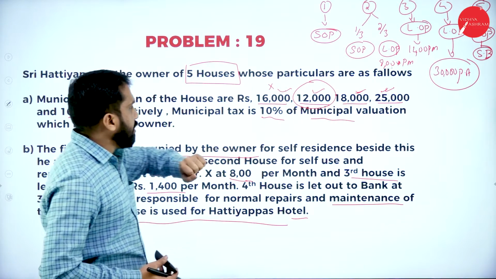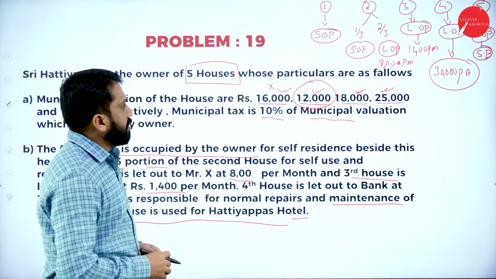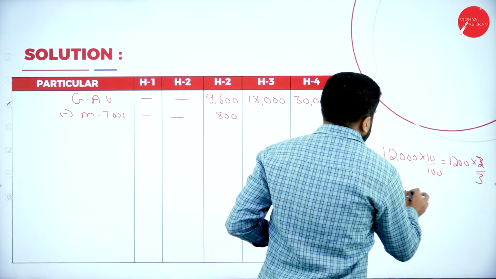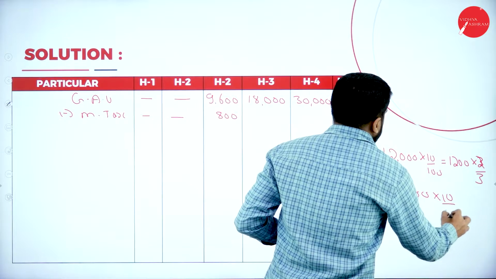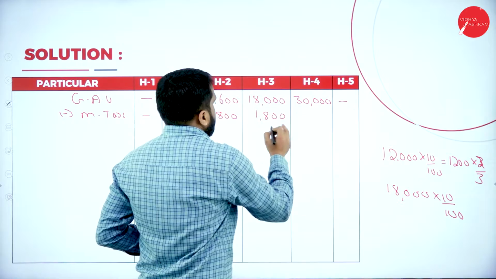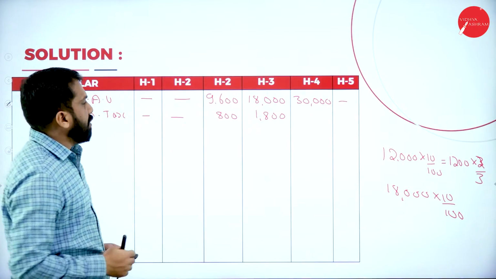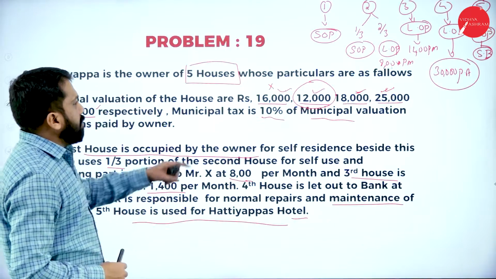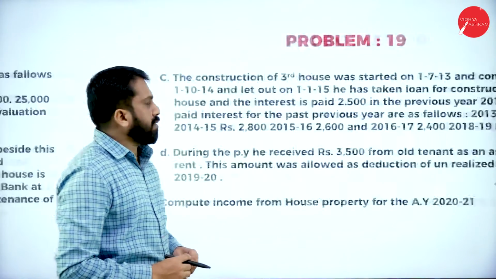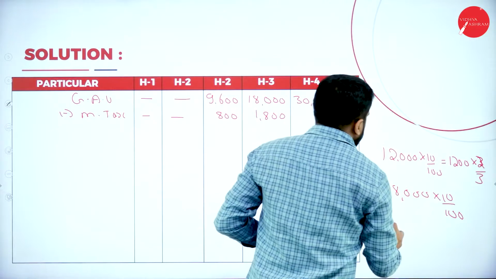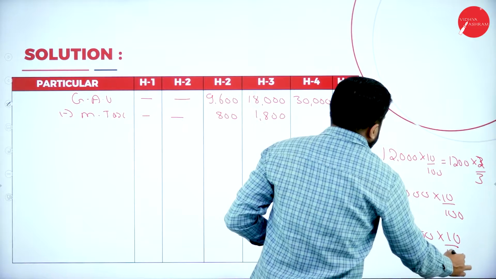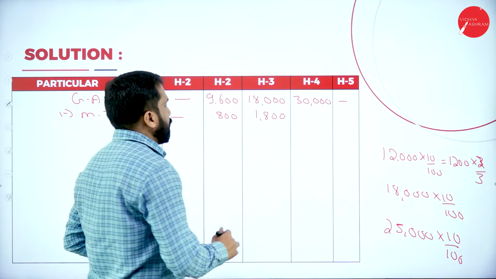On 18,000, it is 10%. 18,000 multiplied with 10% will be 1,800. Similarly, we'll go for house number 4. It will be 25,000. On 25,000, 10%. 25,000 multiplied with 10% will be 2,500.